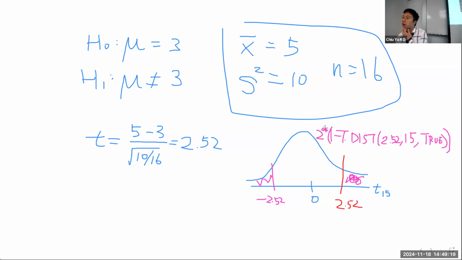That's the answer for the two tail test. If you need one tail, you will do it the other way, and you don't need to multiply by 2, depending on which side you're doing. Is that okay? I think we have done it many times already.